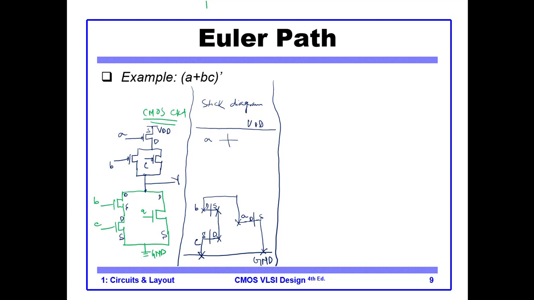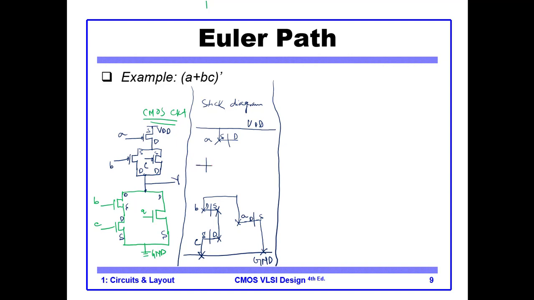You may say this is the source, so the source of A is connected to VDD, and this is our drain. Okay, then this is our source, this is our drain, this is our source, and this is our drain.